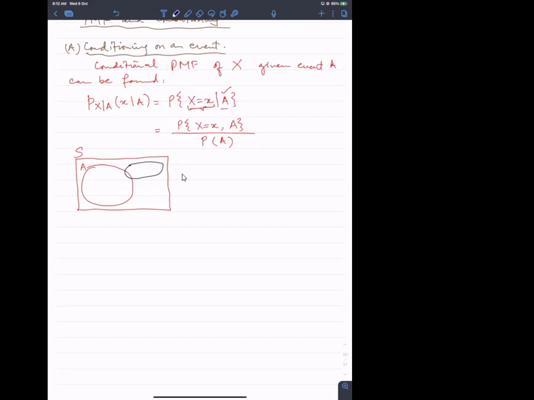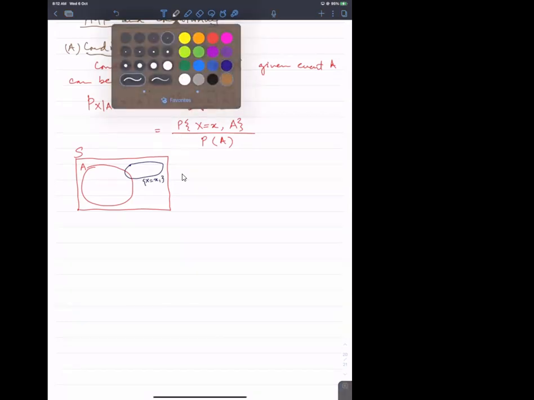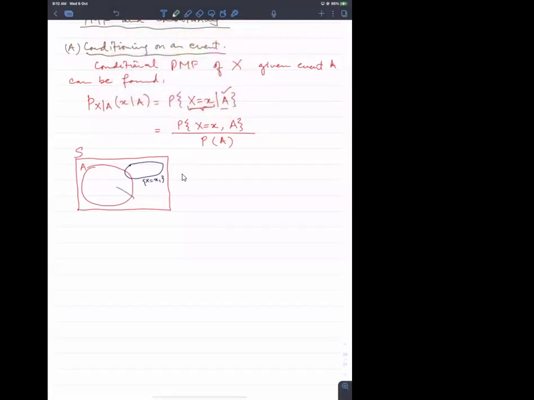So this is the event that X takes the value x1. Let me also define another event that X takes the value x2. So I have intentionally drawn this green space to be smaller than the blue space.